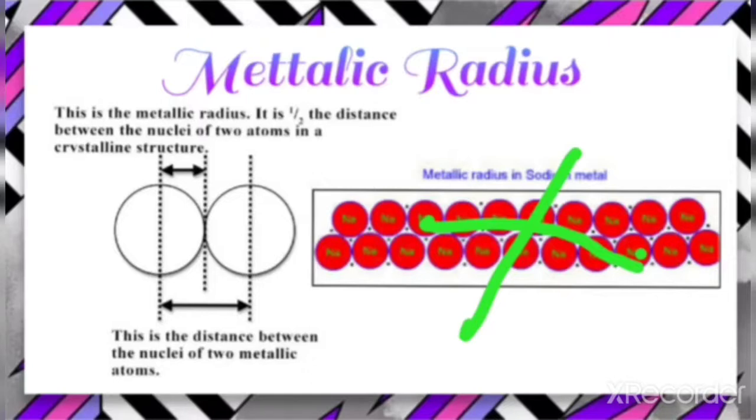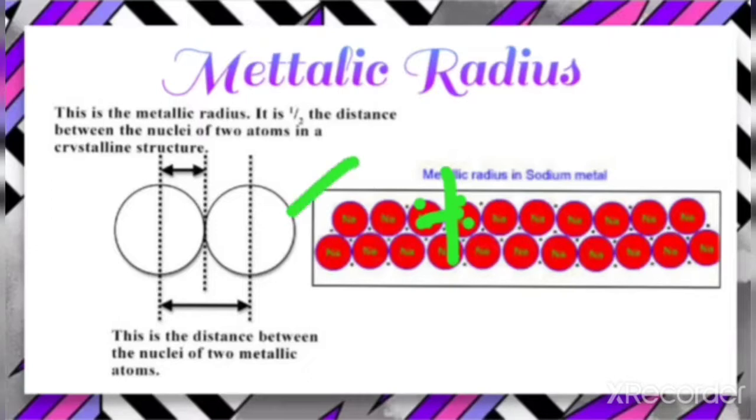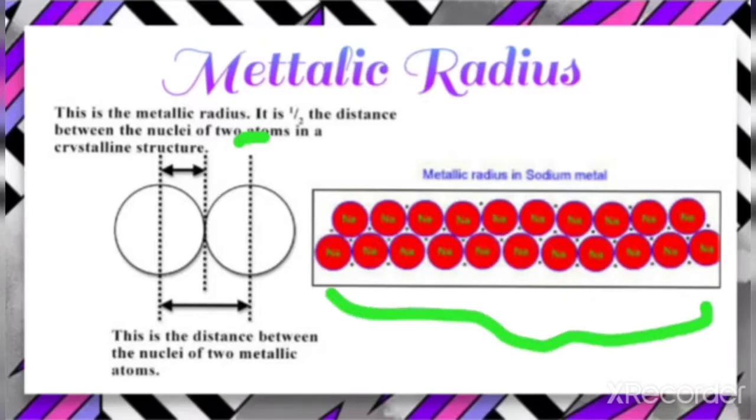So you have to select atoms which are closer to each other, that is, adjacent atoms. The internuclear distance of adjacent atoms is taken, and half of that value gives the atomic radius. So it is half of the distance between the nuclei of two adjacent atoms in a crystal lattice. This is called the crystal lattice.